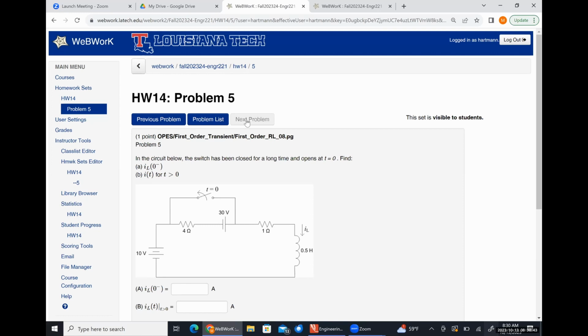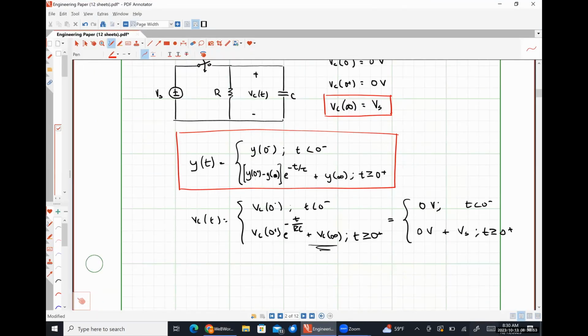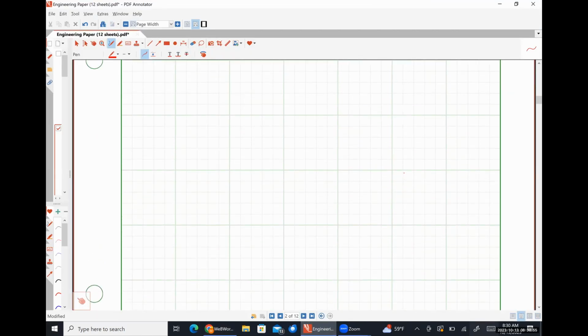Let's work this problem. So this is homework 14, problem 5.